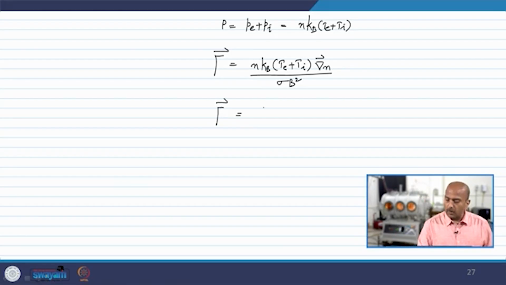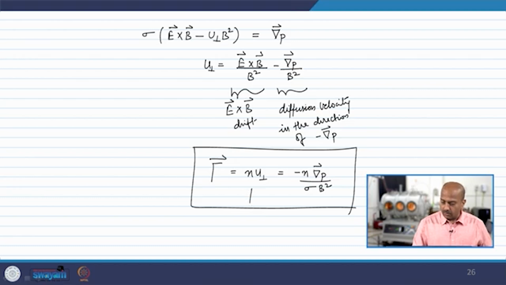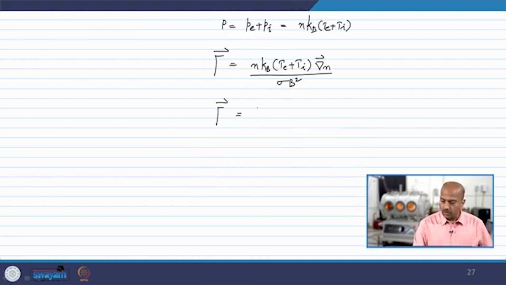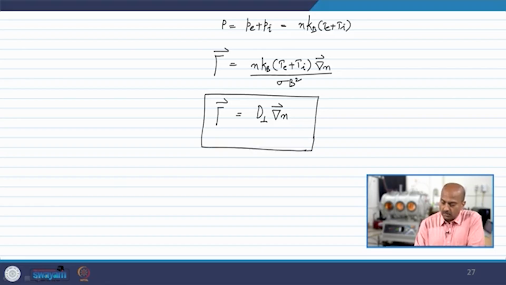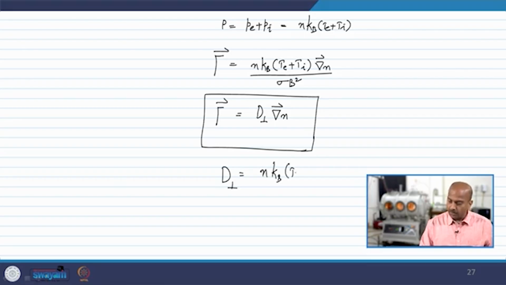So, if you compare this to this, then using Fick's law, you can write all of this in terms of this. That means whatever appears to be multiplying this term del n should be the diffusion coefficient. D perpendicular is n kB (Te plus Ti) divided by sigma B square.